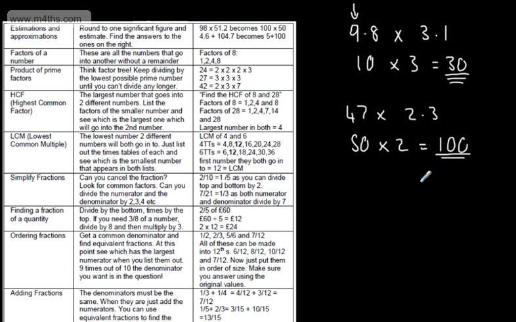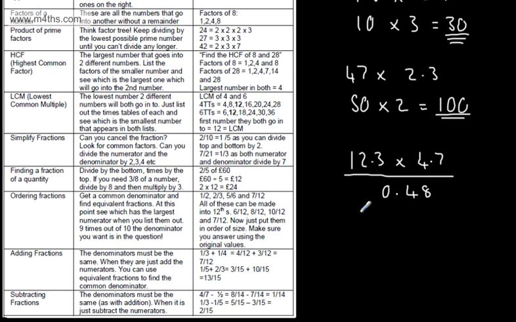Okay, let's look at those tough type of questions that come up in exams that students often struggle with. So let's do now, we'll do 12.3 times by 4.7 divided by 0.48. Okay, this now we would want an approximate value for.